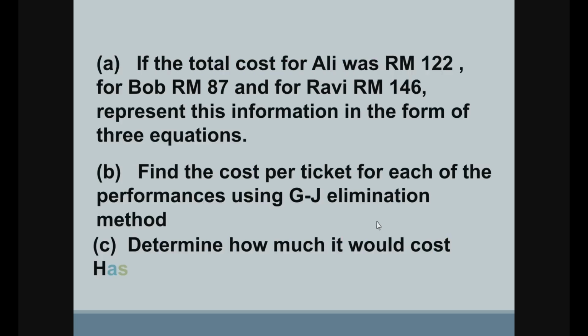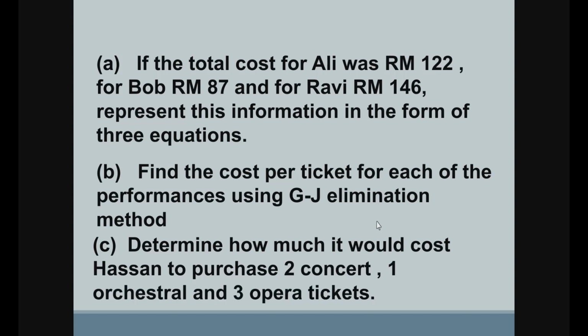If the total cost for Ali was Rm 122, for Bob Rm 87 and Ravi Rm 146, represent this information in the form of 3 equations, into the systems of linear equation. Find the cost per ticket for each of the performances using Gauss-Jordan elimination method. Then the third one, determine how much it would cost Hassan to purchase 2 concert, 1 orchestra and 3 opera tickets.